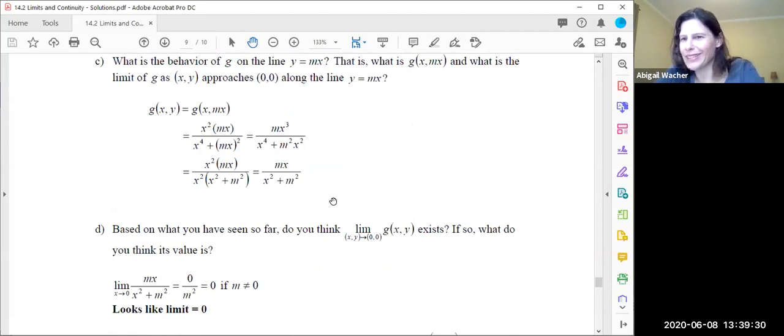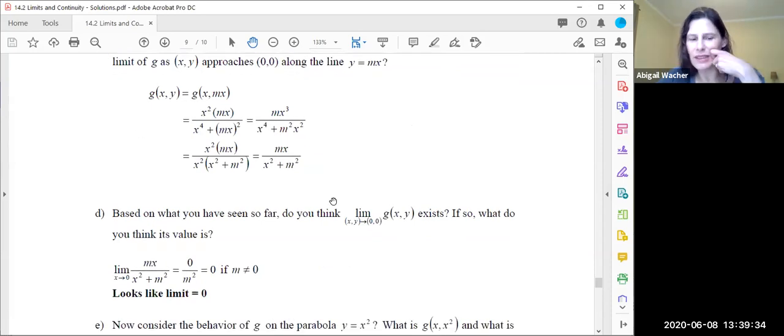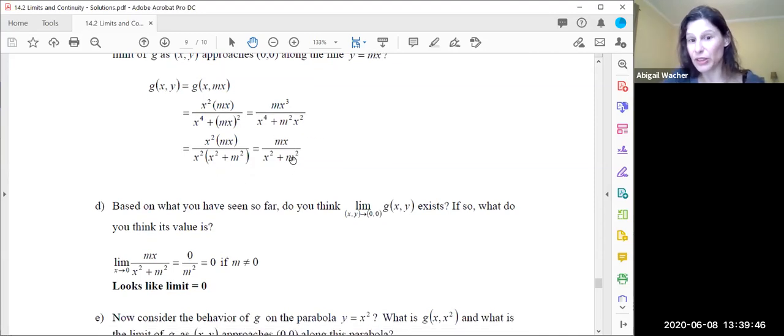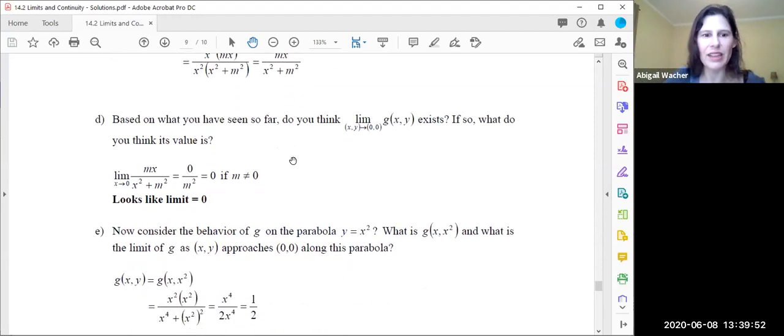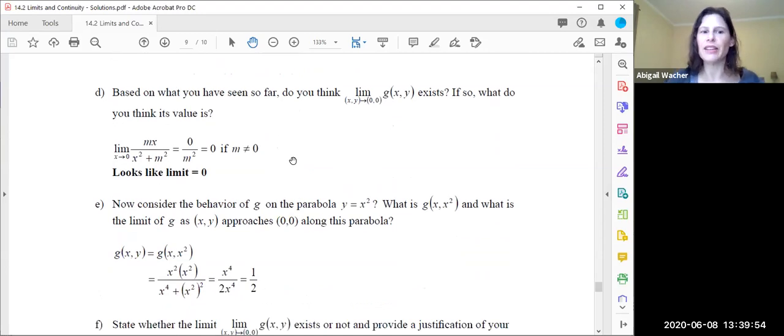I'm a little hesitant because I'm not really sure, but that's what it seems like to me. It looks like it's 0, right? So if we come along x, if we come along y, if we come along a line mx, it doesn't matter what m is, as you approach x is 0, right? It looks like, yeah, as long as m is not 0, right? You can't start at 0, 0. So, okay, we conclude that it looks like the limit is 0.